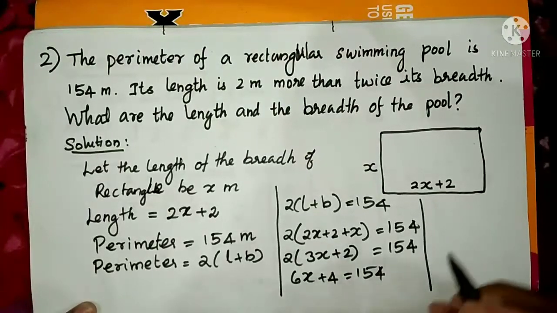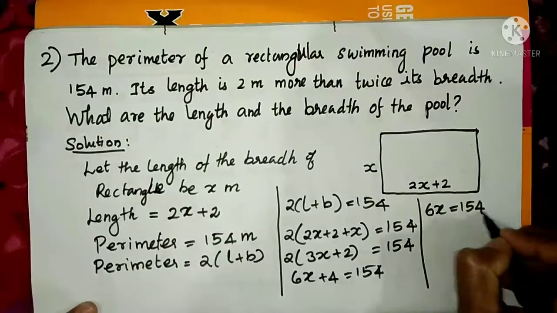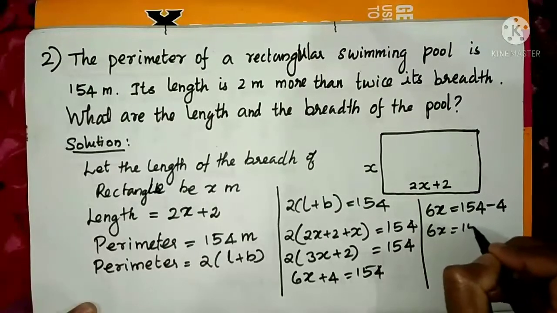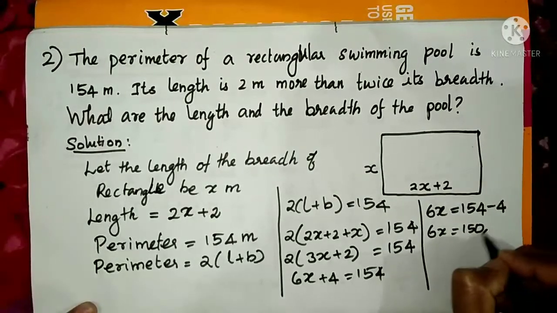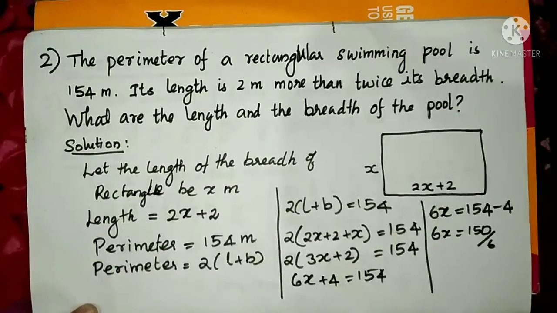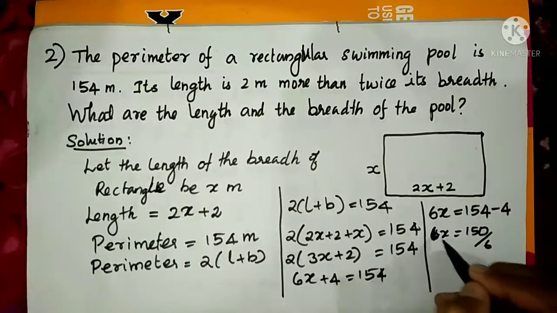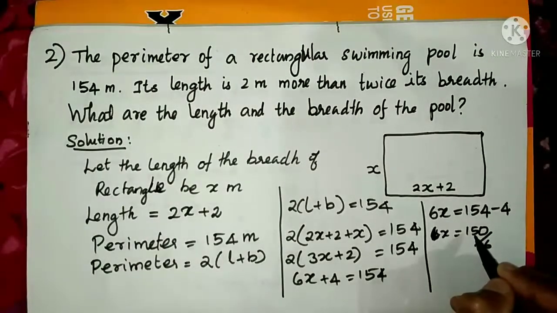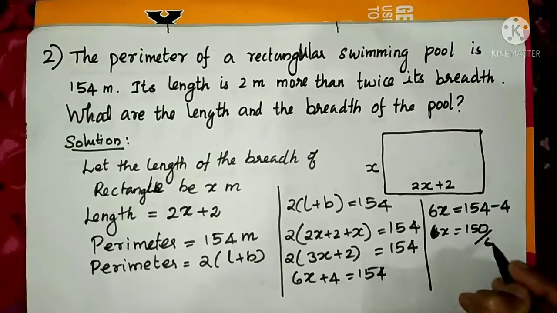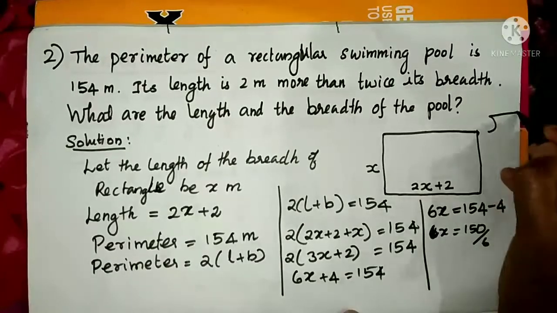and 4 we can transpose to the right side, so 6x is equal to 154 minus 4. So 6x is equal to 150. Here x is equal to 150 by 6. We can simplify these by 3 table, or you can divide by 6.